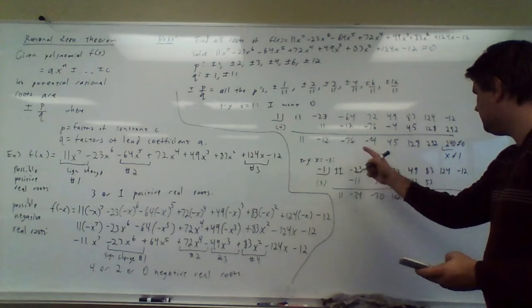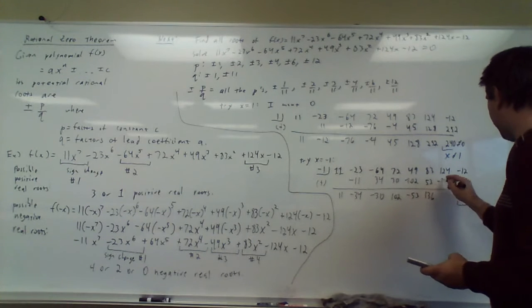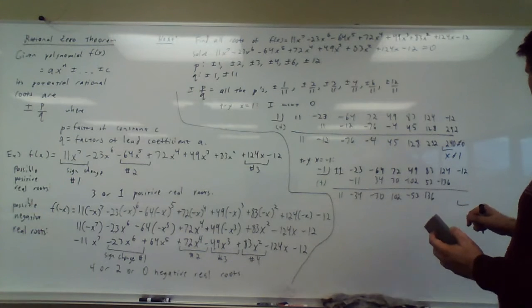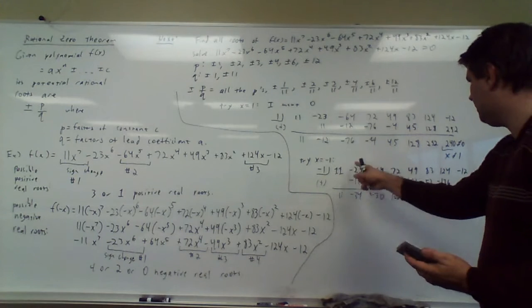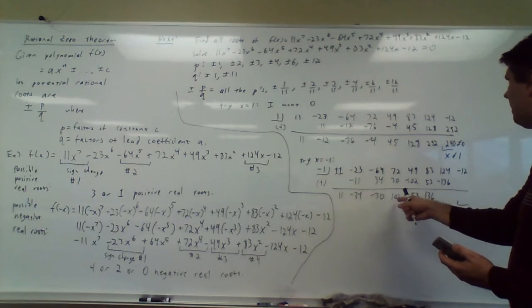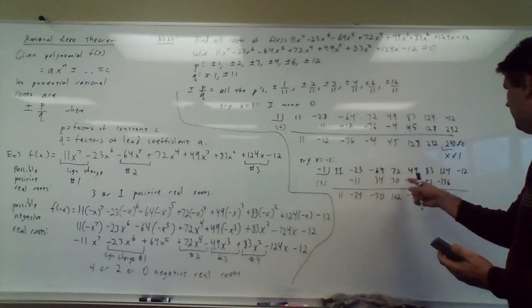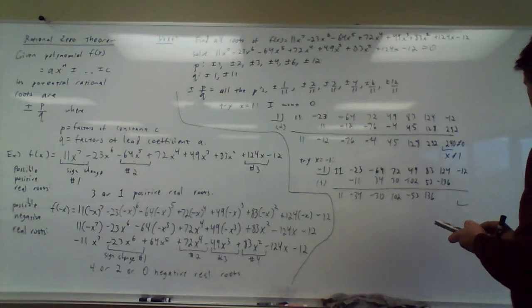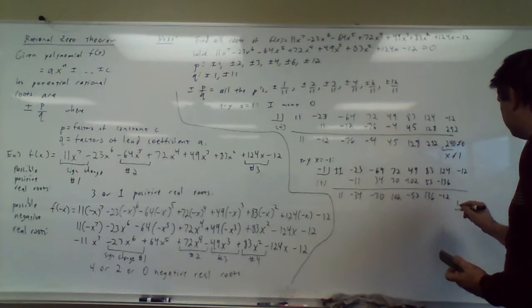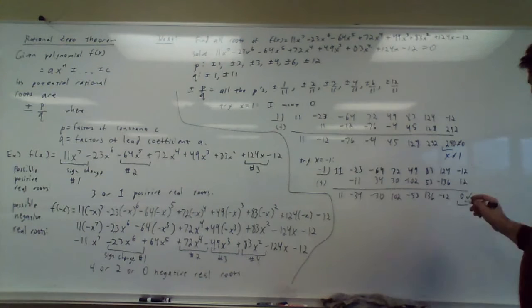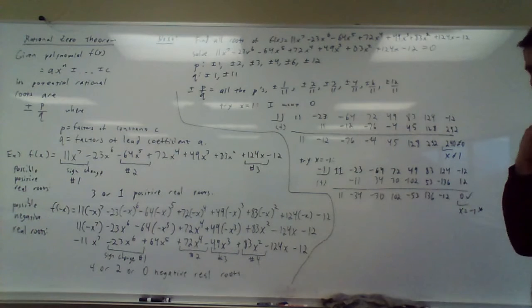That's 136. Negative 1 times 136 is negative 136. And somewhere along the way I have made a mistake because I know what the answer is supposed to be. All right, so 11, negative 34, positive 34. Oh, that's negative 12, of course. Negative 1 times negative 12 is positive 12. That's 0. So x equals negative 1 is a root.